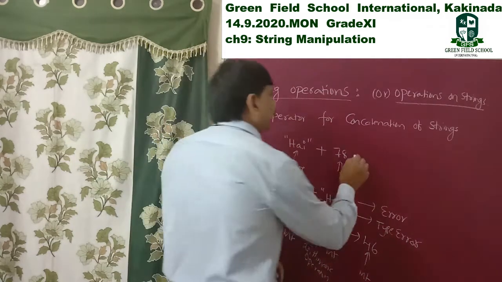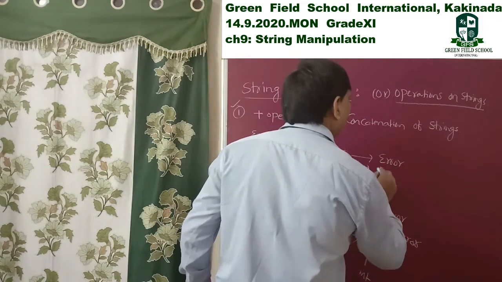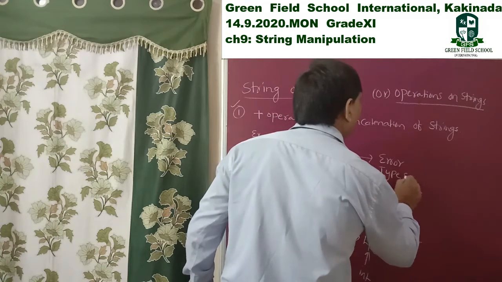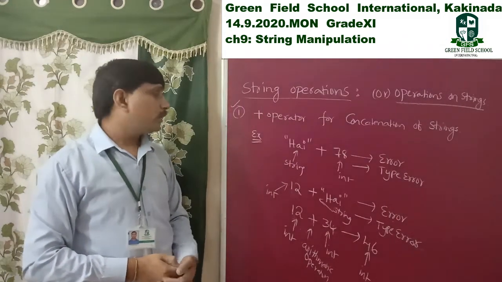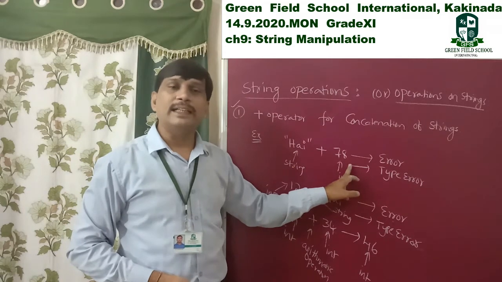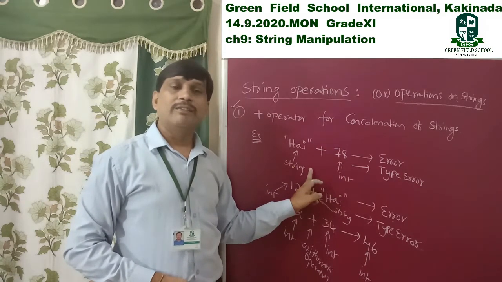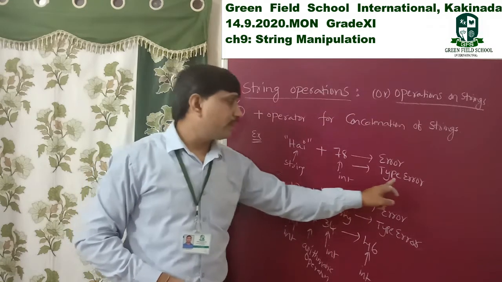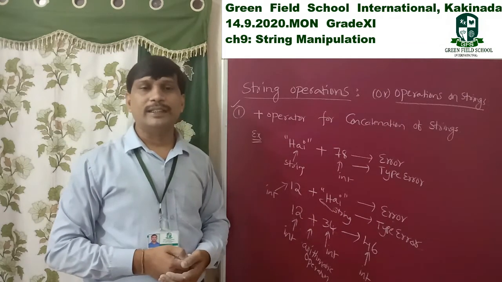This returns an error. Which type of error? Type error. This one is a string data type and this one is an integer data type. We do not concatenate one string with an integer. That's why it displays a type error and doesn't display any value.